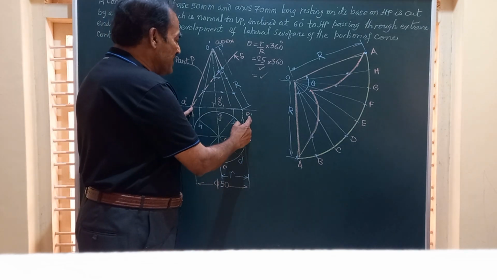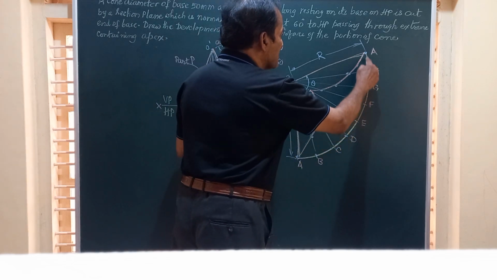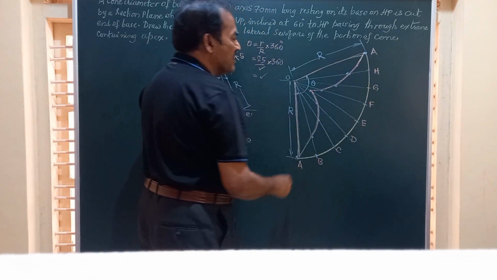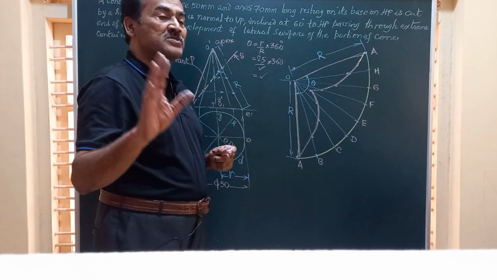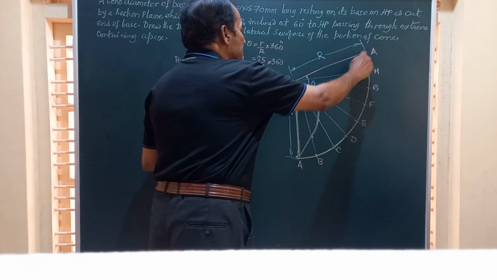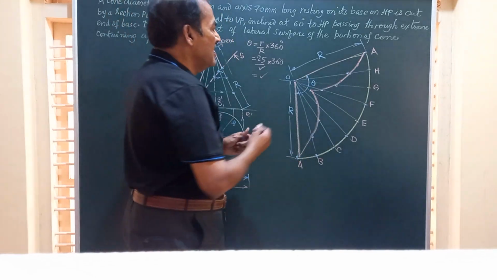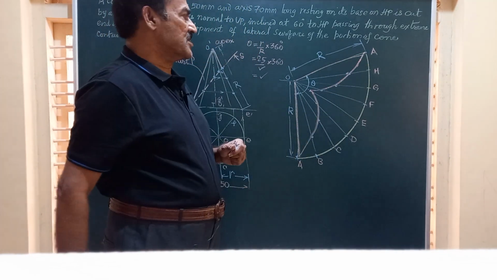The complete base is removed here. So all this line, this A to A, should be shown by a very thin line. And in all the generators, in cones and cylinders, only the extreme lines are to be shown by dark line, and these points are to be joined by a smooth continuous curve.